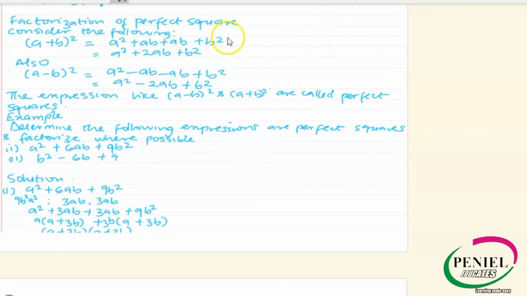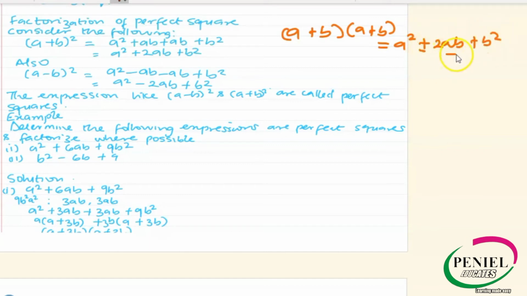For example, if you have (a + b) all squared, then what's going to give you is a squared + 2ab + b squared. Please take note of this positive here, positive throughout.